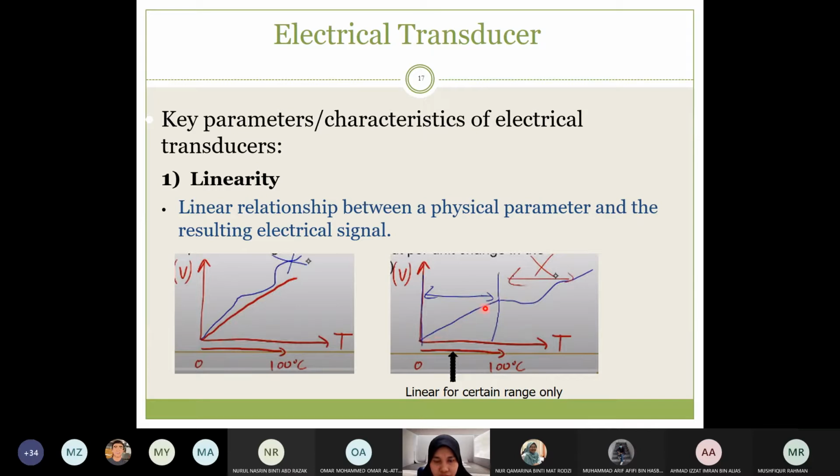For the first, let's say, 100 Celsius, it will read properly. But for readings larger than 100 Celsius, it will not perform, so the reading will not be linear. So this is the meaning of linearity.